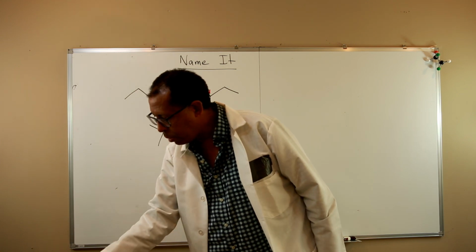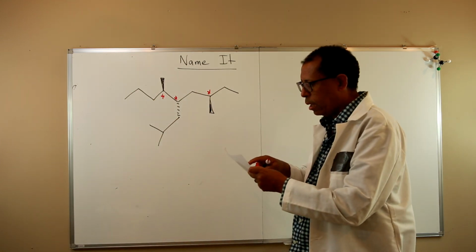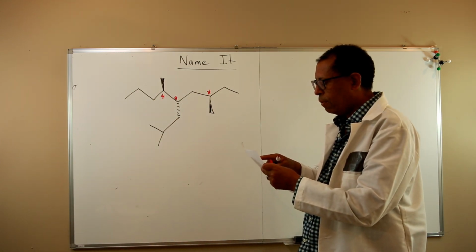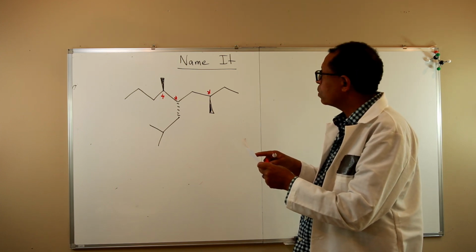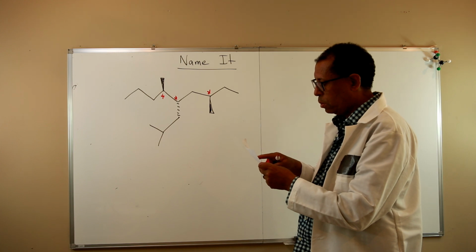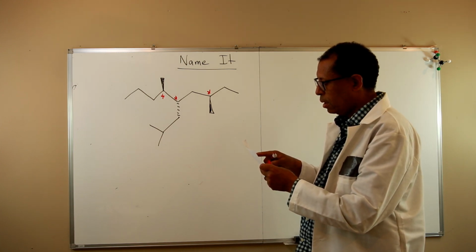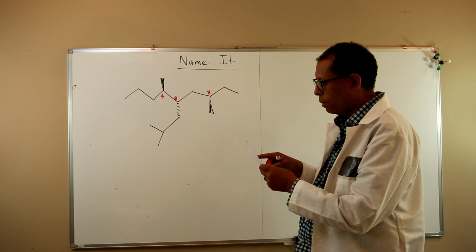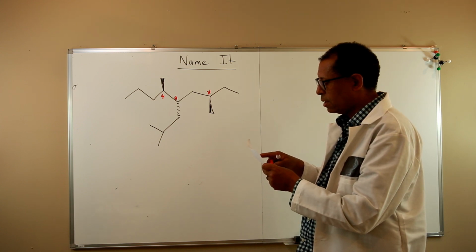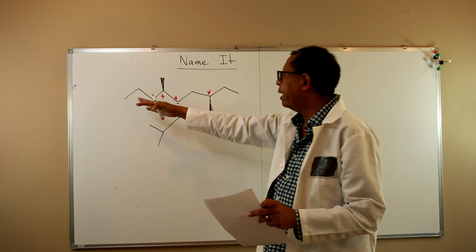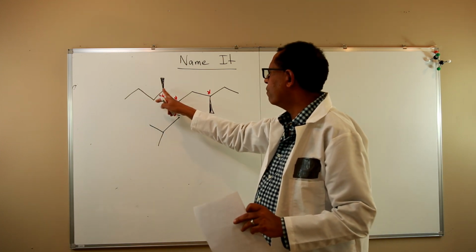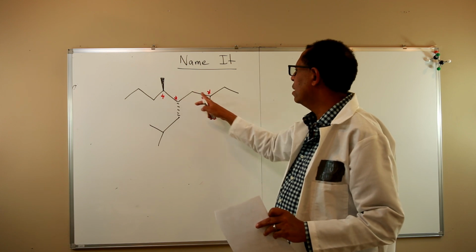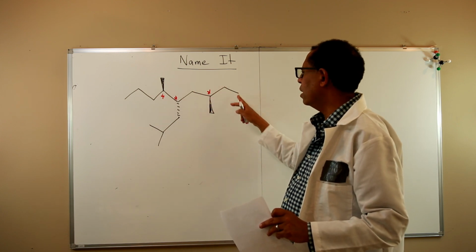Let me make sure I have the right count. 1 through 8, then 1 through 9. So this is a 9 carbon compound.